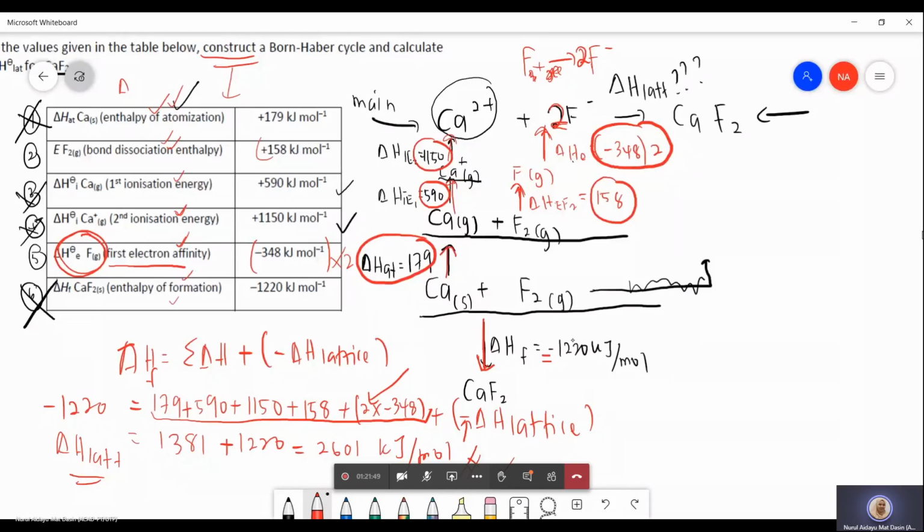And formation is the formation of a compound or molecule from each element. Electron affinity is the ability to accept one electron. Ionization energy is the tendency to remove an electron, how difficult it is to remove the electron.